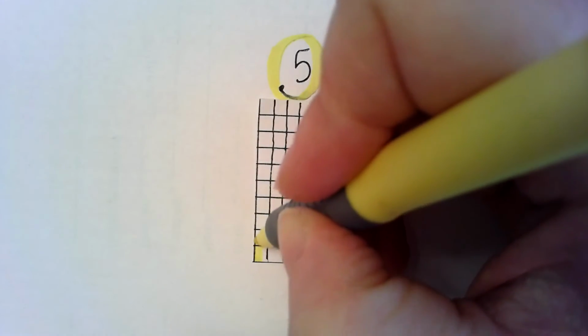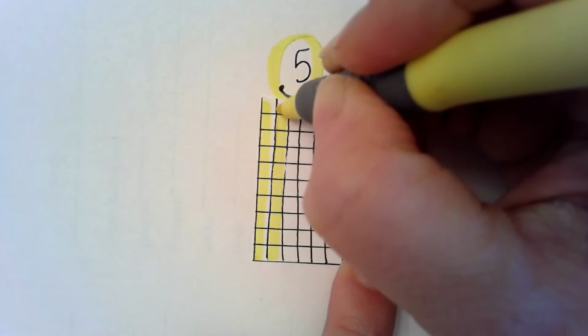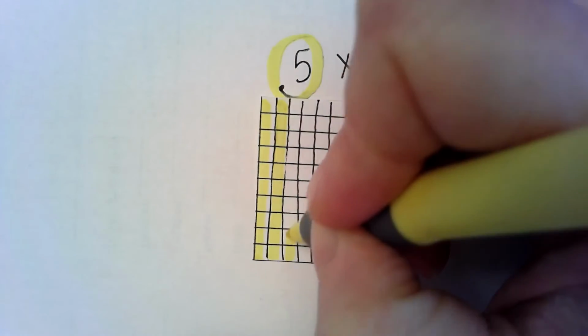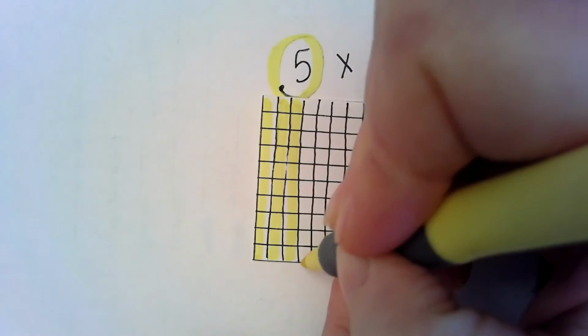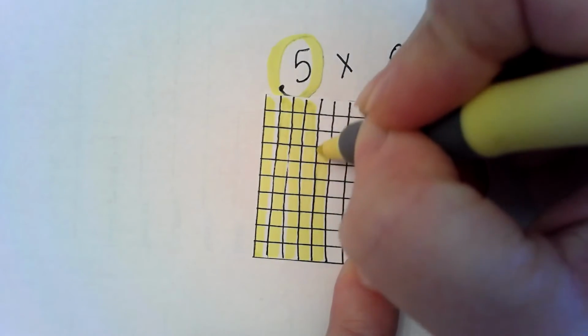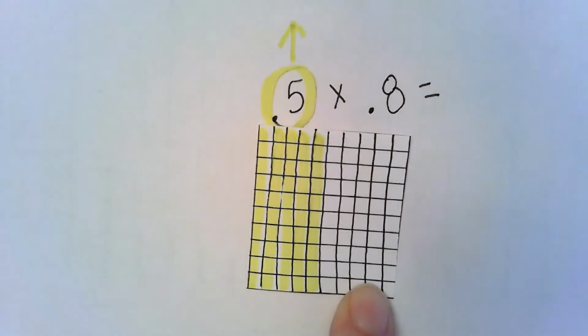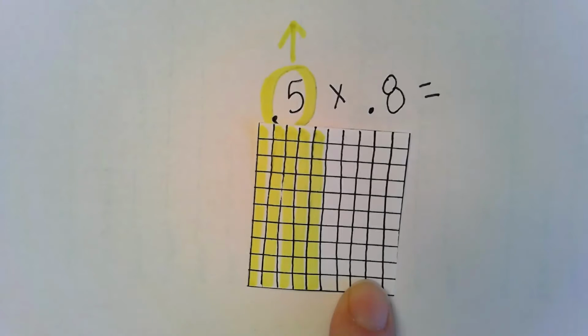So I'm going to take my 5/10 and I'm going to vertically draw 5/10. Here's 2/10. Here's 3/10. Here's 4/10. And here's 5/10. So vertically, the up and down columns, I have highlighted 5 of the 10 columns.